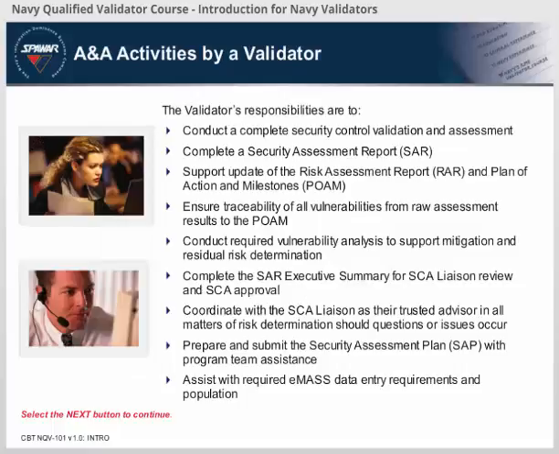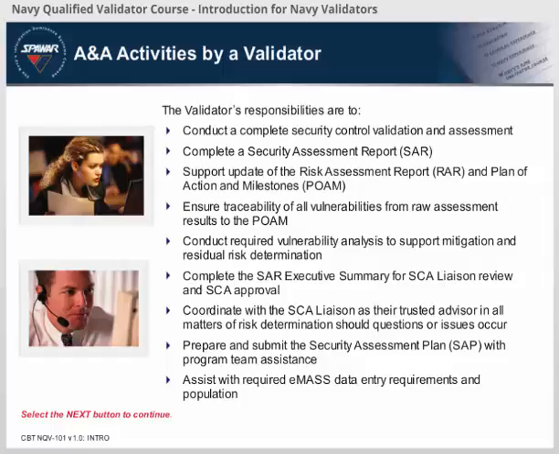At a minimum, the validator performs the following A&A tasks: conducts a complete security control validation and assessment, completes a Security Assessment Report, SAR, supports update of the Risk Assessment Report, RAR, and Plan of Action and Milestones, POAM. Ensures traceability of all vulnerabilities from raw assessment results to the POAM. Conducts required vulnerability analysis to support mitigation and residual risk determination.